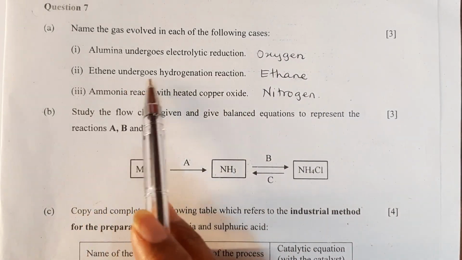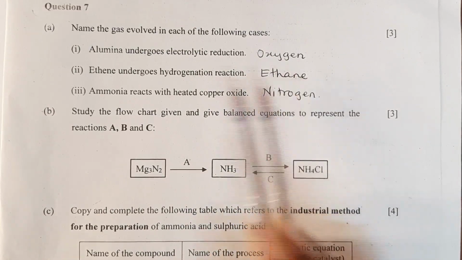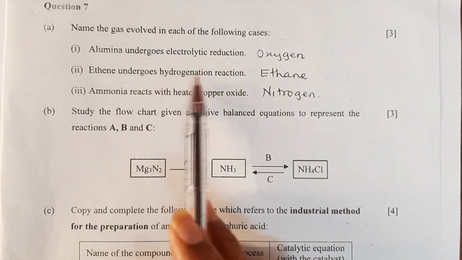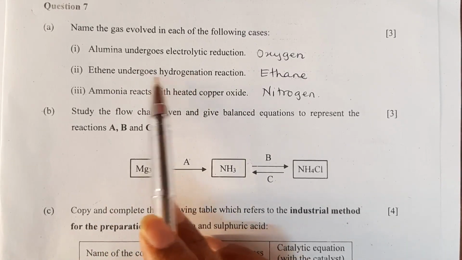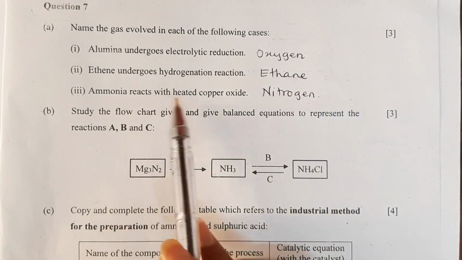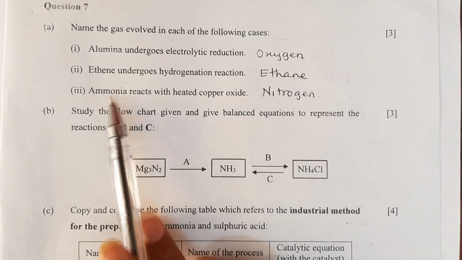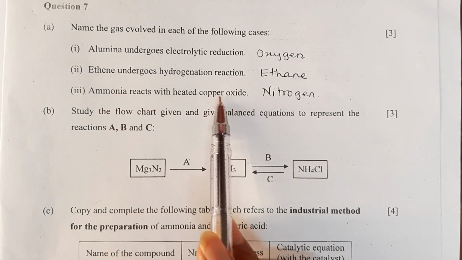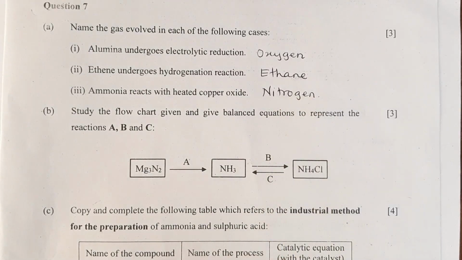Second one, ethene undergoes hydrogenation reaction and the answer is ethane because ethene will have hydrogen added to it. It's an addition reaction, catalytic hydrogenation, and so we get ethane here. Ammonia reacts with heated copper oxide. Here ammonia is acting as a reducing agent and so it will get oxidized to nitrogen. So we have nitrogen is the gas evolved.